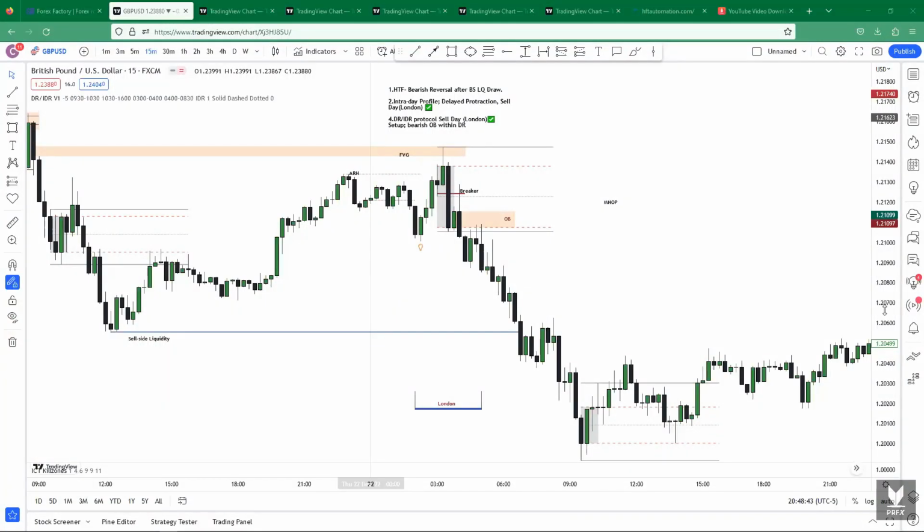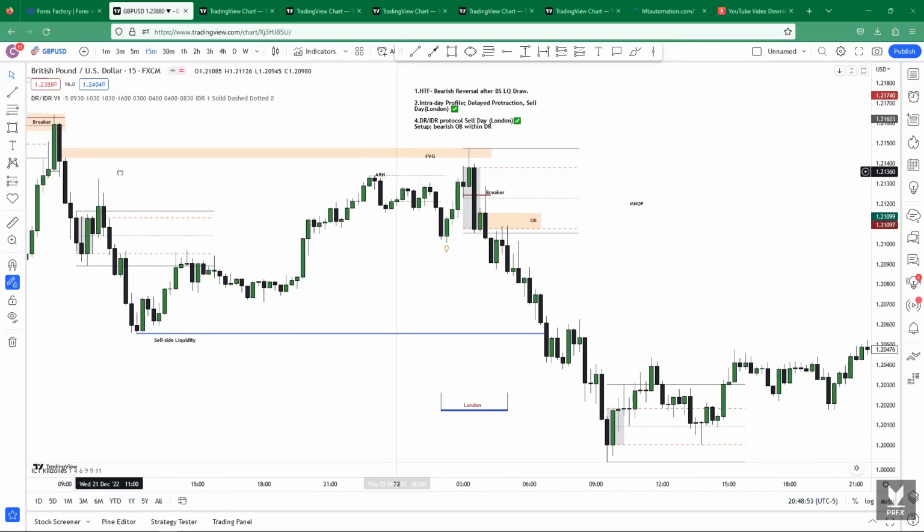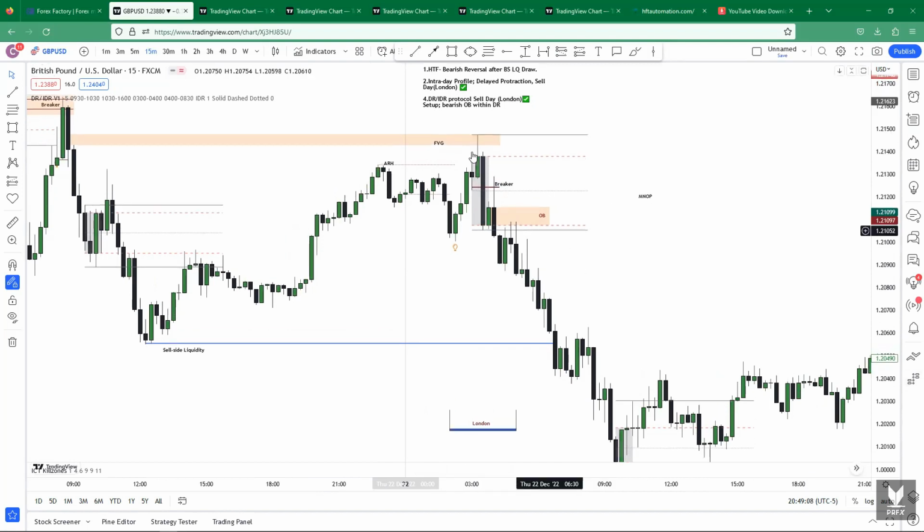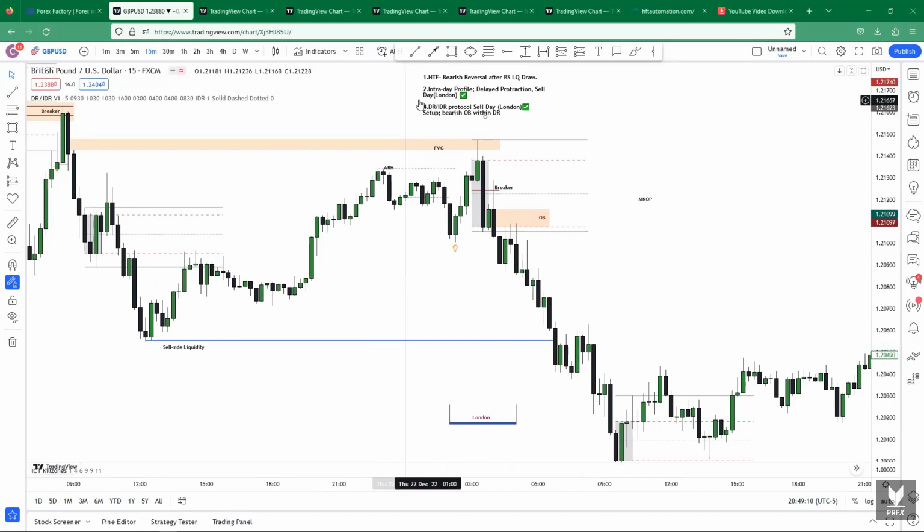On the 15-minute, you can actually see we have price returning in here to a fair value gap. The more you break down, you'll find that this also is an order block. So price breaks down within the London kill zone. I want you to pay attention to the hierarchy: number 1, higher time frame, bearish reversal after the buy side liquidity draw.